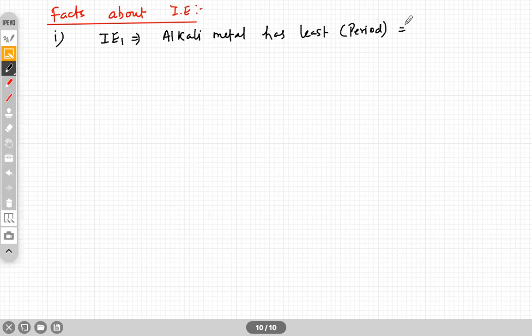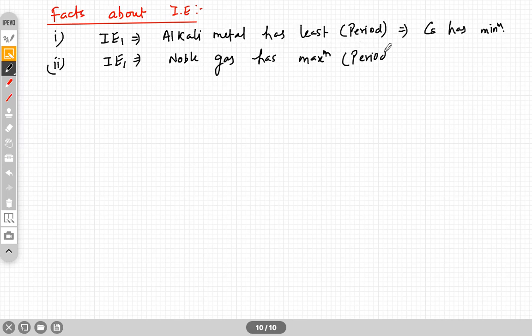In a given period, cesium has minimum IE1, noble gas has maximum value in a period, and helium has maximum.